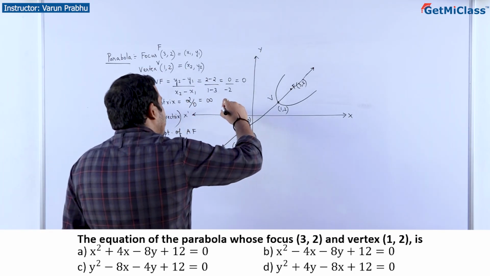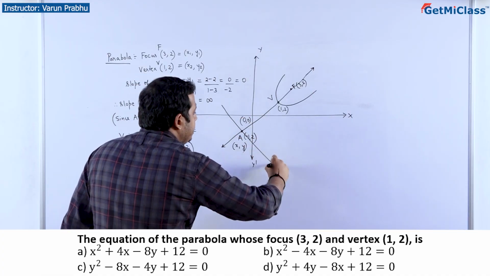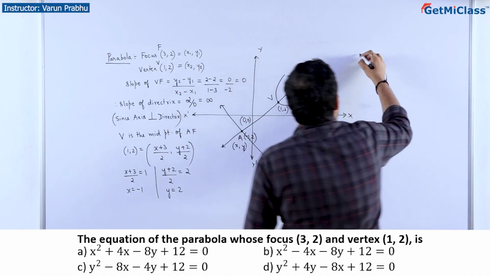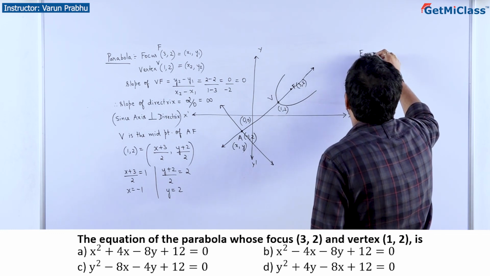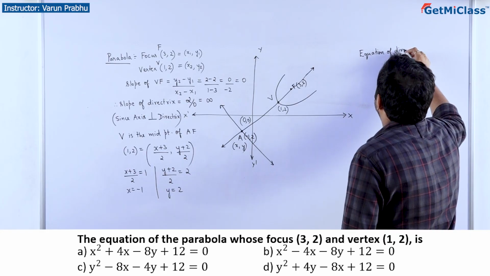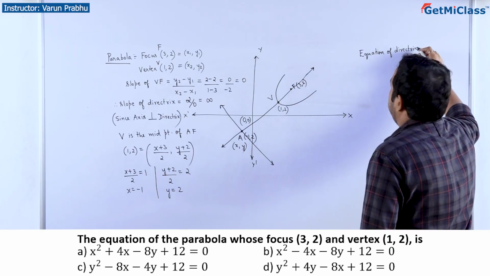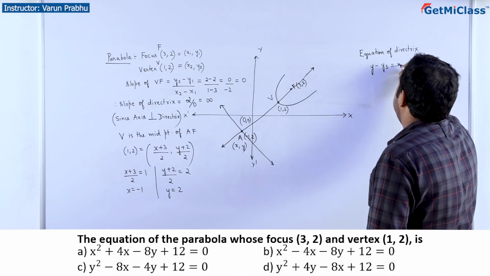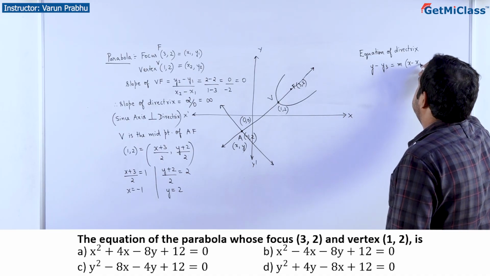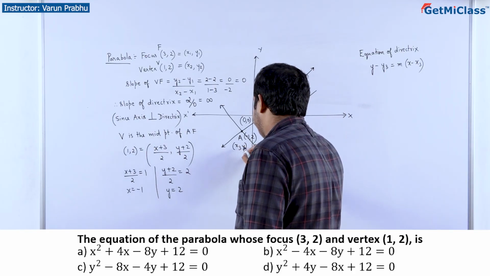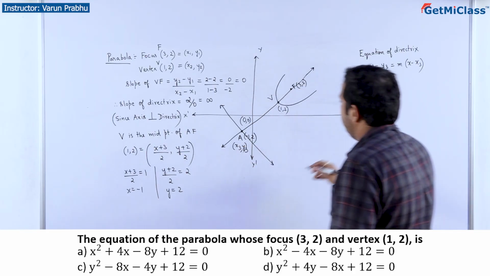And the equation of the directrix is, now see, this is the directrix, right? So what is the equation of the directrix? It is y minus y3 equal to m into x minus x3. This point I will call x3, y3.